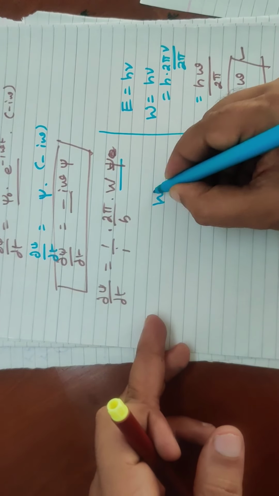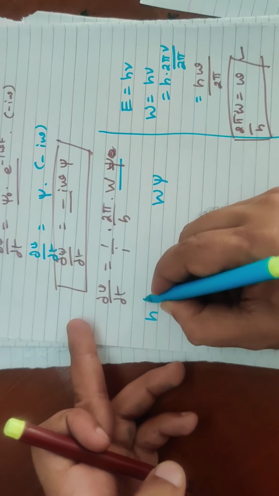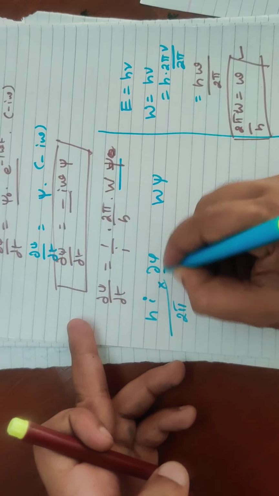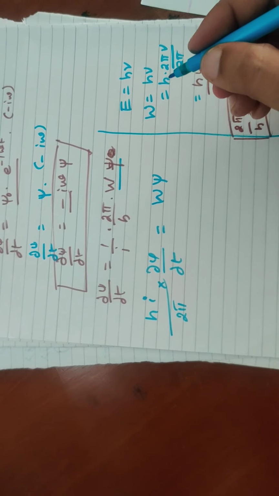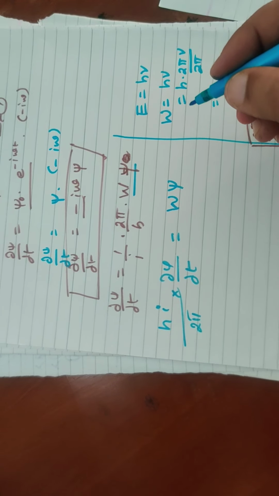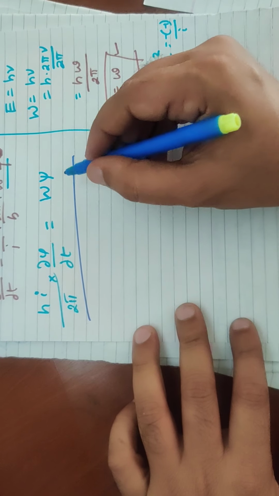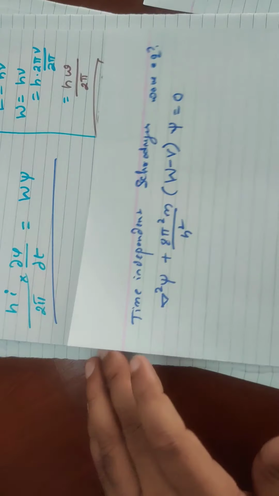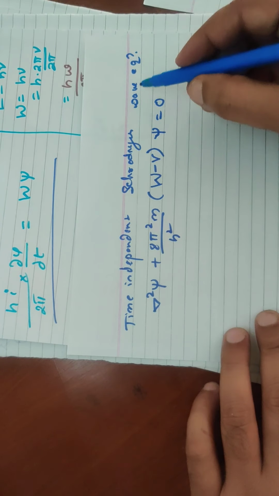W into psi can be written as h, and i upon 2 pi multiplied by dou psi upon dou t, right? When I rewrite this equation, I get this. Now this value, W into psi, we have to substitute into the time independent Schrodinger wave equation which we studied in the last class.